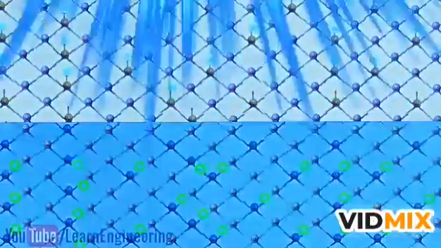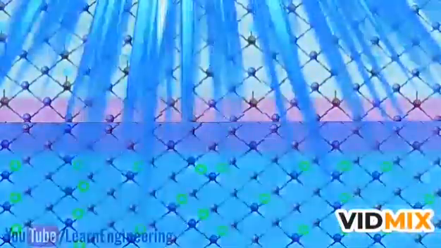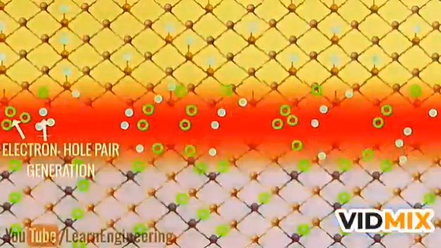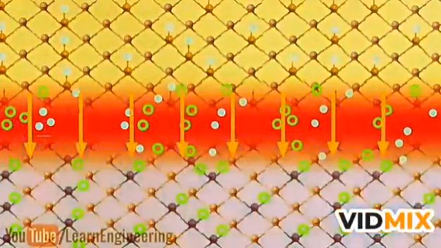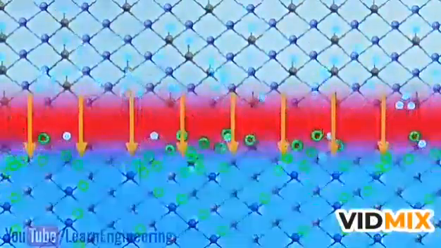Light strikes the n region of the PV cell, and it penetrates and reaches up to the depletion region. This photon energy is sufficient to generate electron-hole pairs in the depletion region. The electric field in the depletion region drives the electrons and holes out of the depletion region.